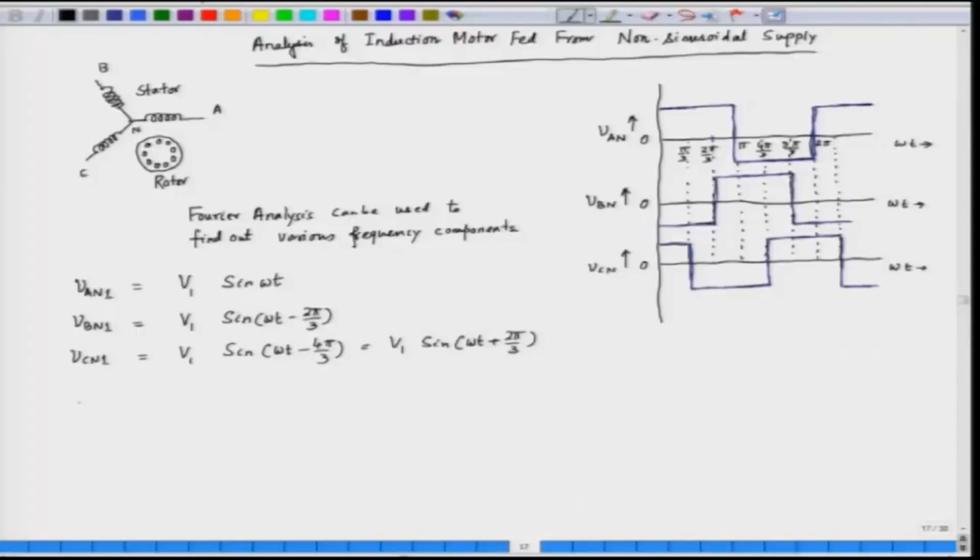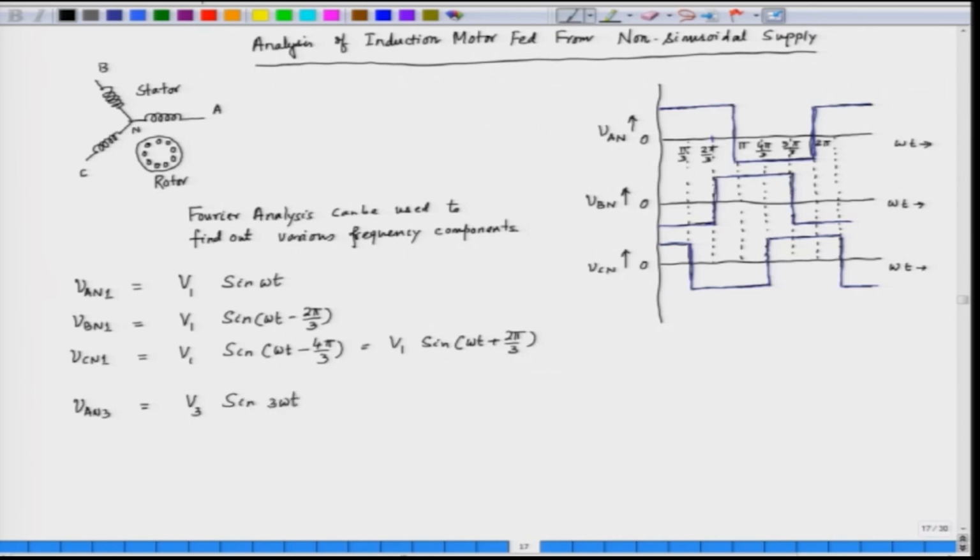Now, this is about the fundamental component. Using the Fourier analysis, we can find out the various harmonics, and in this case there are only odd harmonics because of quarter wave symmetry. The next odd harmonic is the third harmonic. So, the third harmonic would be VAN3, that is the third harmonic amplitude V3 sin 3 omega t.